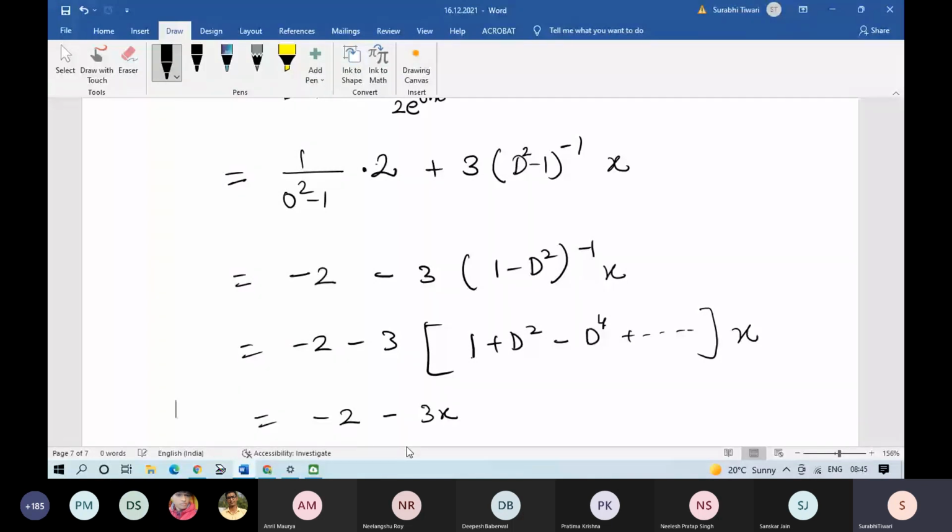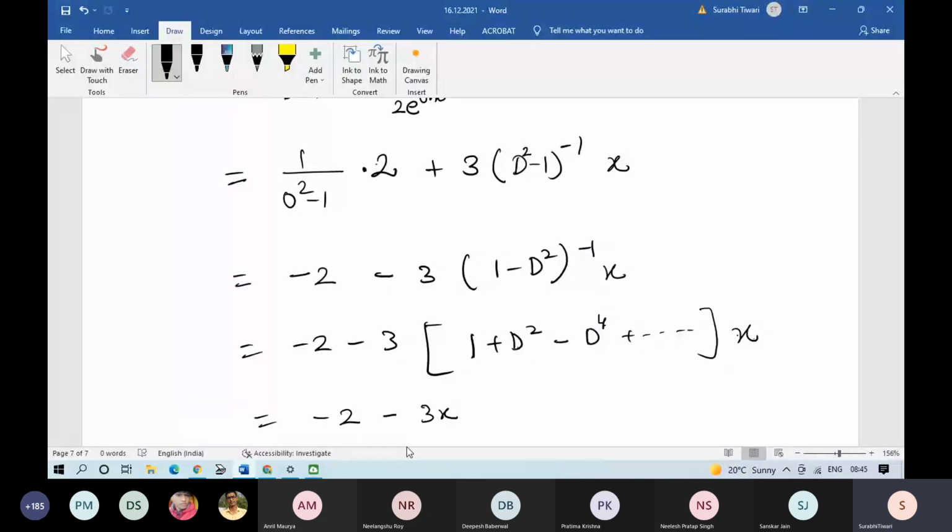And then second term d square को x पे अप्लाई करोगे you get 0. This is d2x upon dx square, this will be 0. देन अगेन d4 को x पे अप्लाई करोगे वो भी 0. एंड हायर पावर्स बढ़ती जाएंगी तो ये सारे टर्म्स हमें 0 मिलेंगे. तो लास्ट में हमें बस खाली ये कांस्टेंट वाला टर्म यहाँ पे मिला, because our power for 1 on x is only 1.